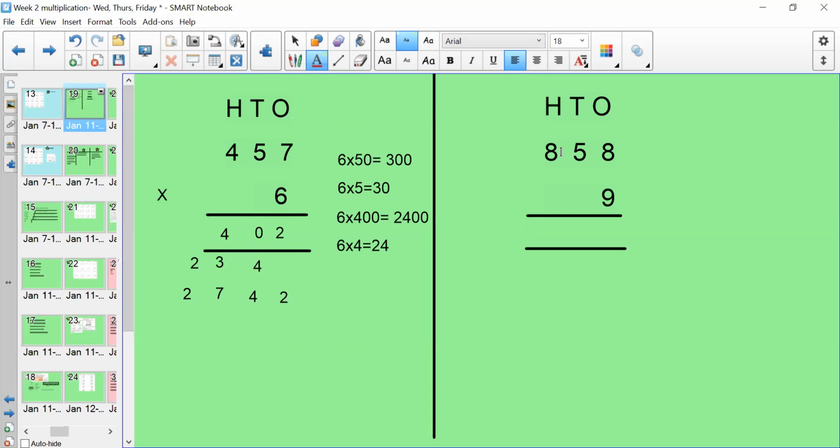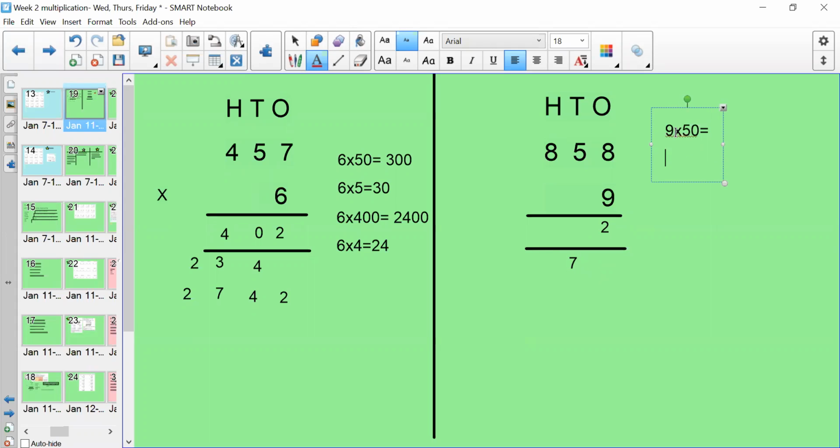Okay, now let's go through this one together. Okay, so we know that 8 times 9 is 72. So we're going to put 70 in the tens and the 2 in the ones. Okay, then we've got 9 times 50 equals.